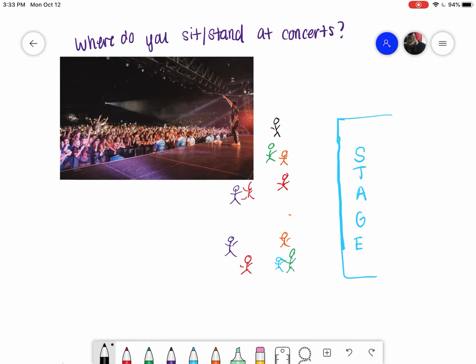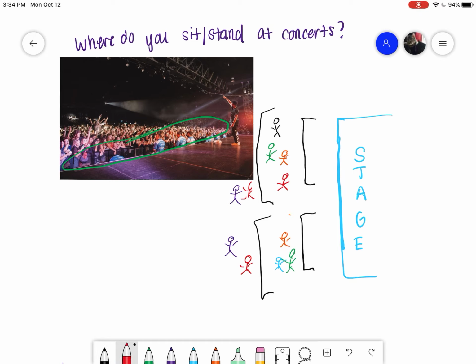Sometimes, however, there are barriers in the way. You can see it in this picture. There's a barrier keeping you from the stage, and that keeps you farther away. Sometimes if it's a really big venue or really crowded, they put multiple barriers in to separate large groups of people, and then you end up being farther back from the stage.